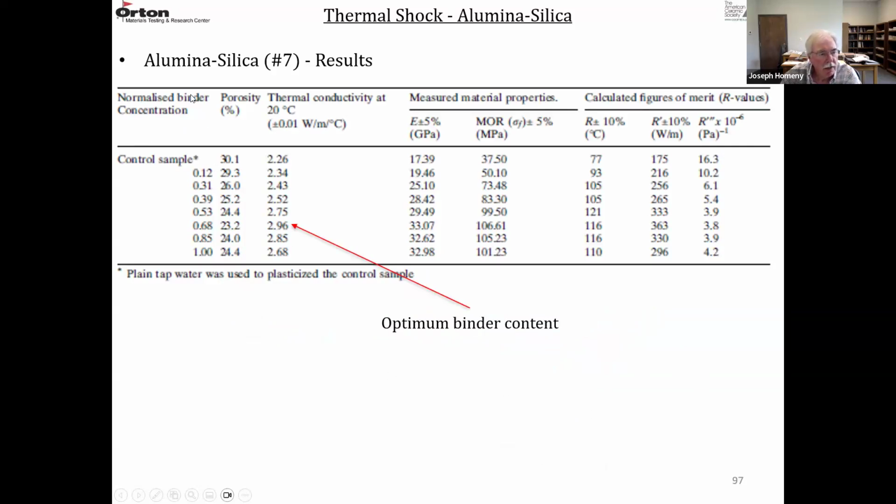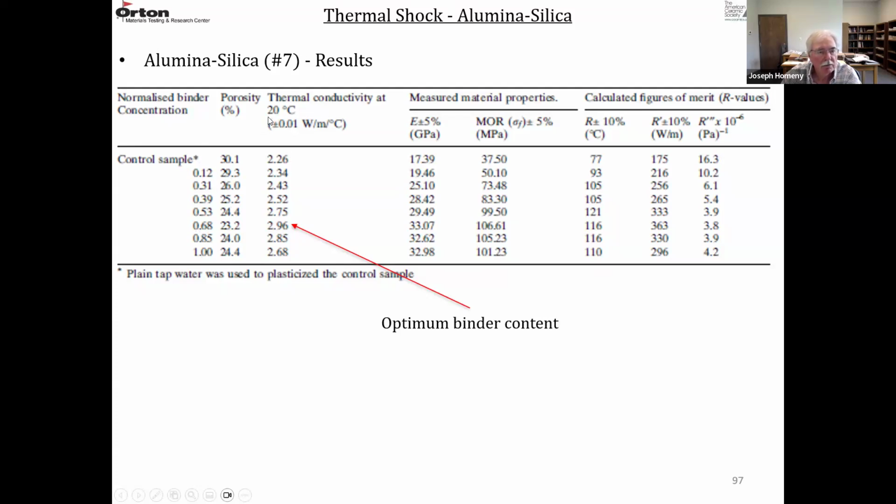In this table, it's listed the normal binder concentration normalized from 0 to 1. The control sample has no organic binder. The porosity basically decreases with binder concentration.